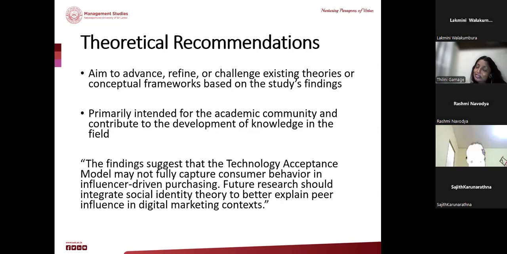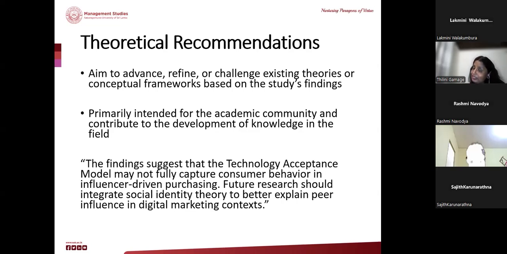Because once a model, a theory, or a conceptual framework is proposed, other researchers building on that conduct research and understand that the existing framework should be further refined, maybe extended to a new context, or sometimes they need to incorporate new variables and refine the existing theory as well.